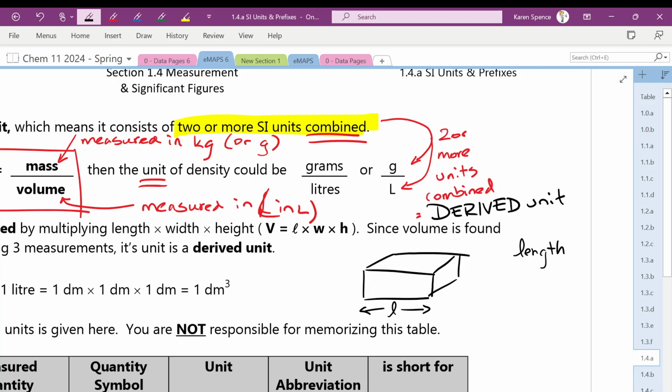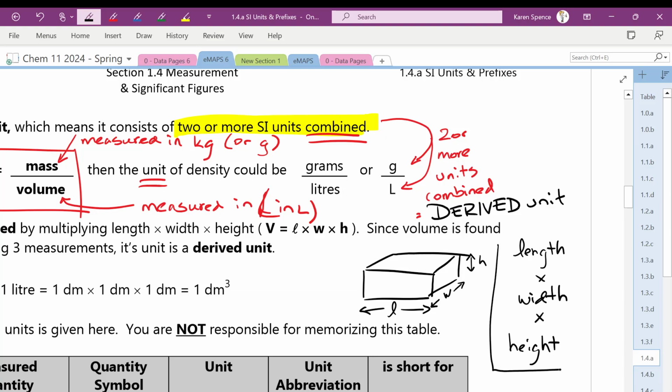That's length. And then we're going to take length and we're going to multiply by the width. And then we're going to multiply by the, what do we call that one? That's our height.